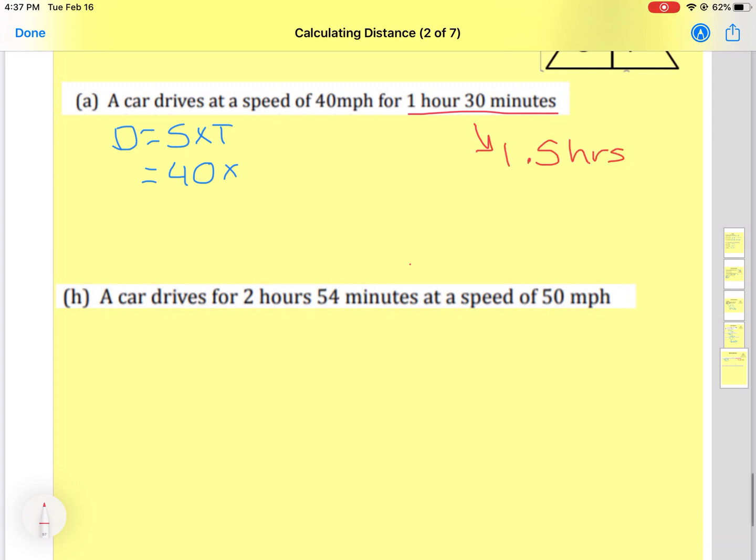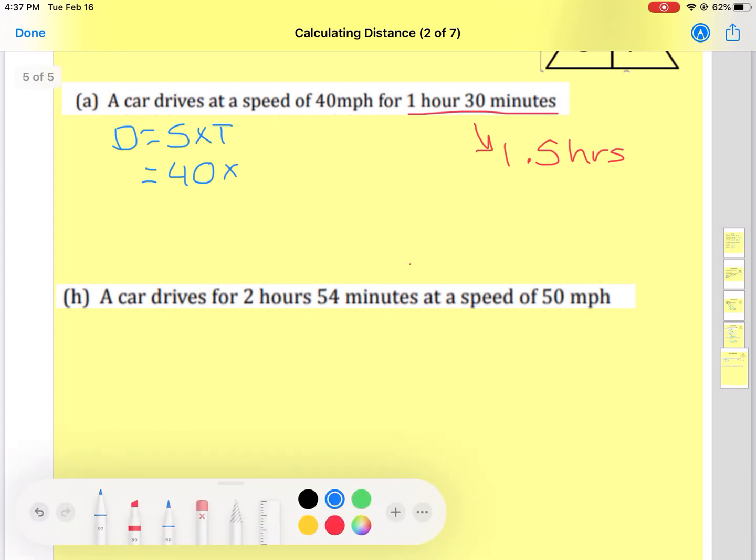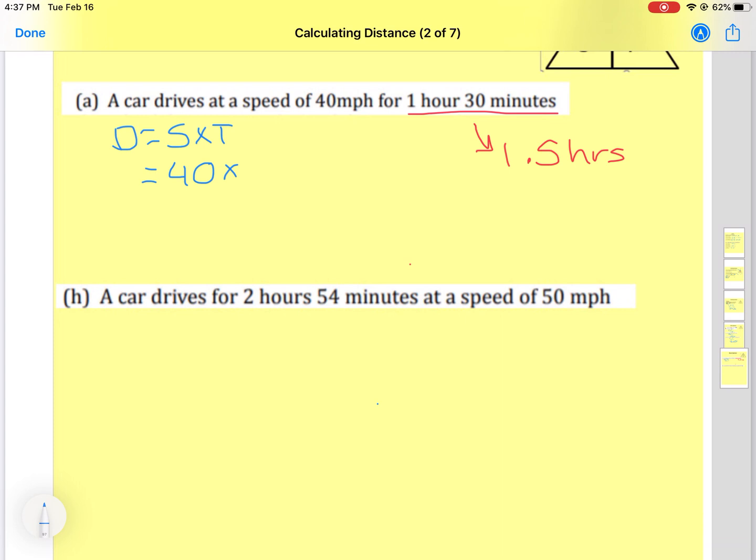And that's why we spent the time in the previous lesson converting to those decimal times. So to complete this question, we have to do 40 times the time, which is 1.5. Now you will have the use of a calculator for this, so you can pop that in your calculator and you will get 60 miles.